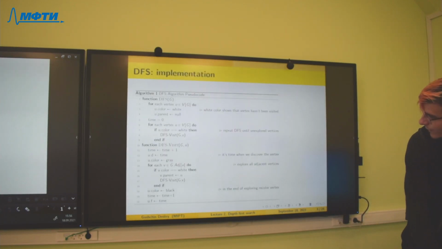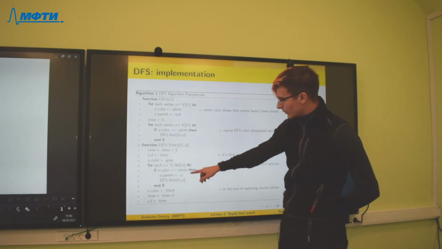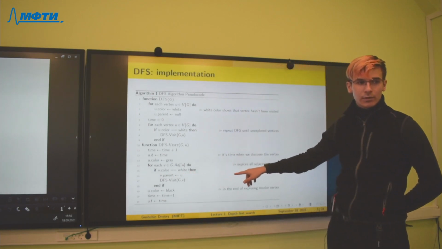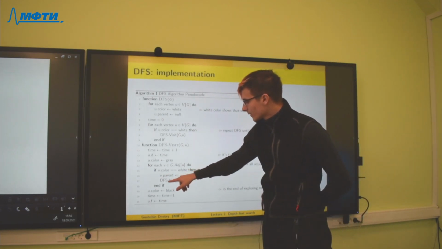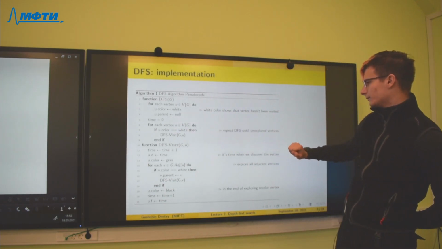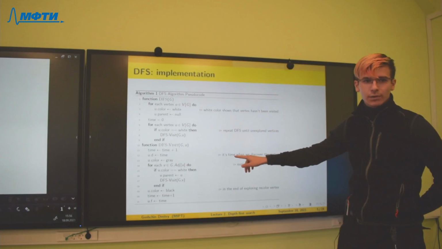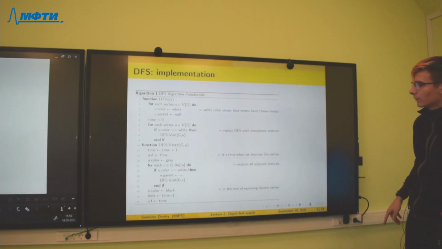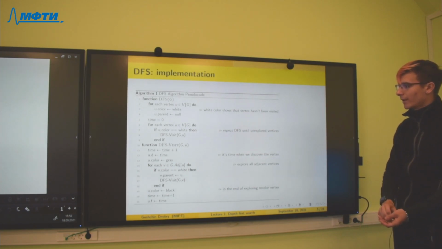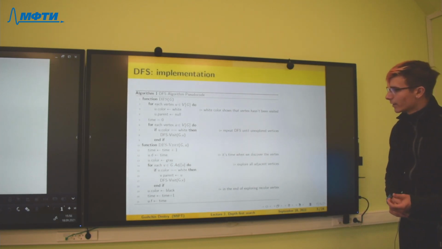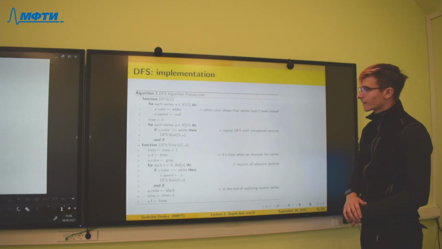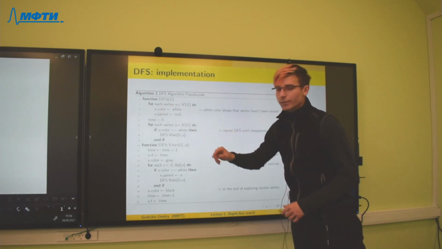If you look here, we have a big node class with color, parent, final time, and discover time. So we can do a big node class and have no other arrays in the algorithm, because we store it in this node.